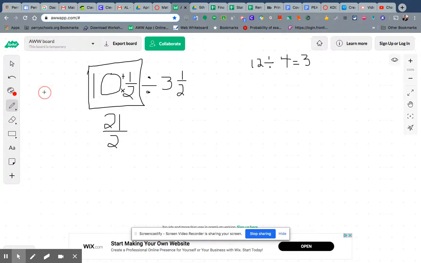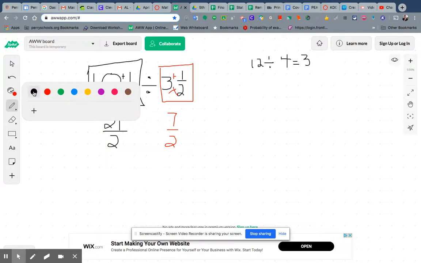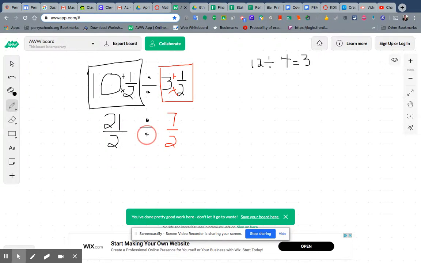And then I'm going to take this next fraction right here, 3 1/2, and I'm going to convert that too. 3 times 2 is 6, plus 1 is 7, and this is going to be 7 over 2. And I am not going to change anything yet. I'm just going to convert in this first step.